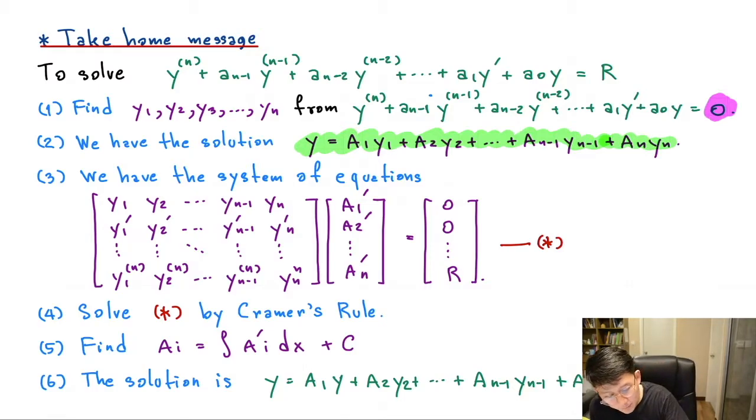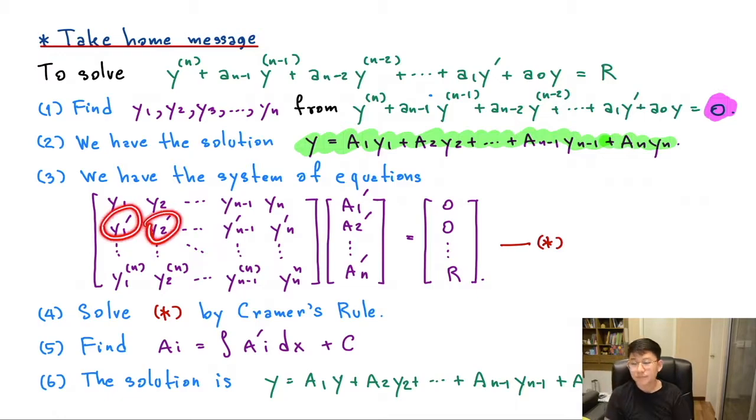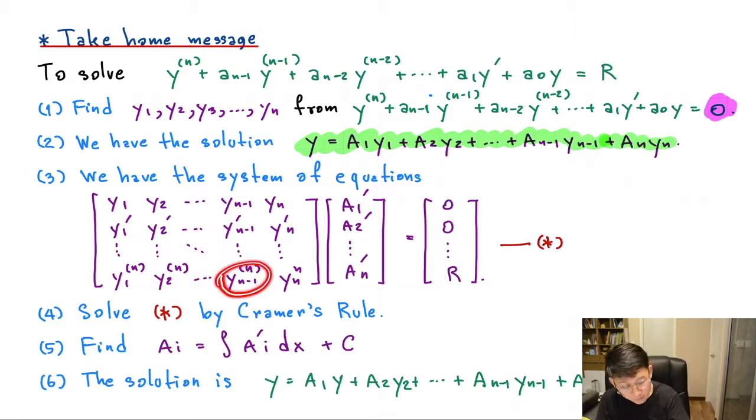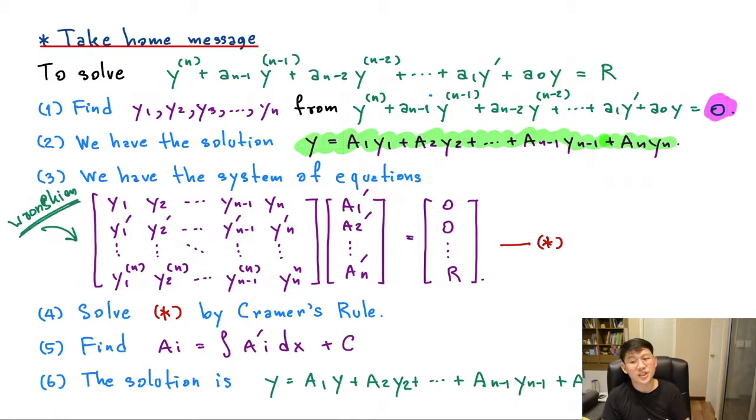Because it looks like this: y1, y2 to yn; y1 prime, y2 prime to yn prime; y1 double prime, y2 double prime, yn minus 1 double prime to yn double prime; the nth derivative of y1, the nth derivative of y2, the nth derivative of yn minus 1, and the nth derivative of yn. If you remember, this is actually the Wronskian.